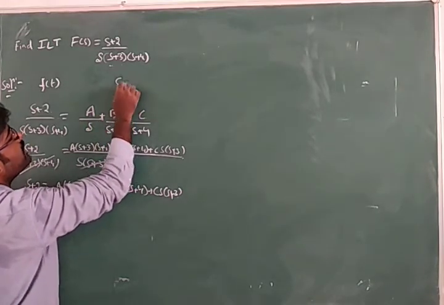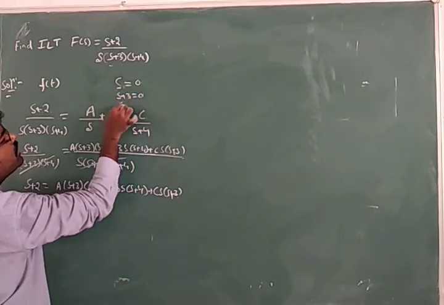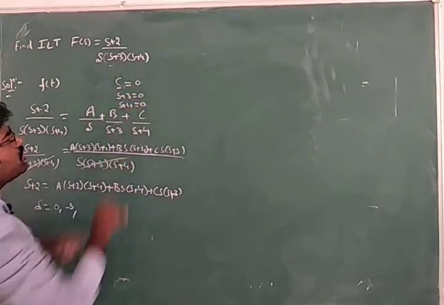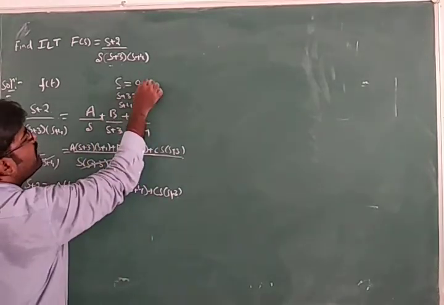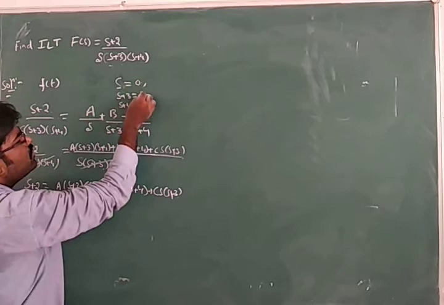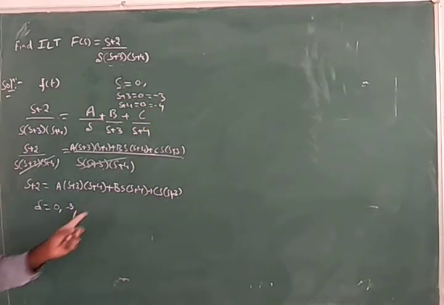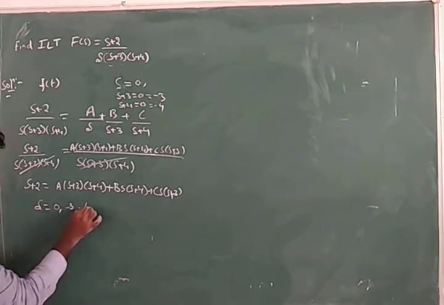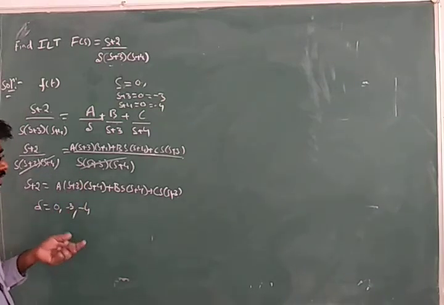Here s is equal to 0, s plus 3 is equal to 0, s plus 4 is equal to 0. So these are the equations. With the help of these equations, we find the roots: 0, minus 3 and minus 4 are the roots of the given equation.